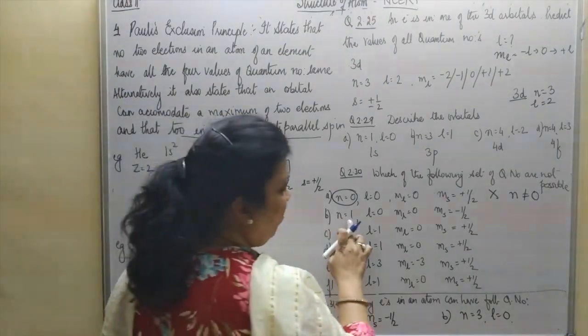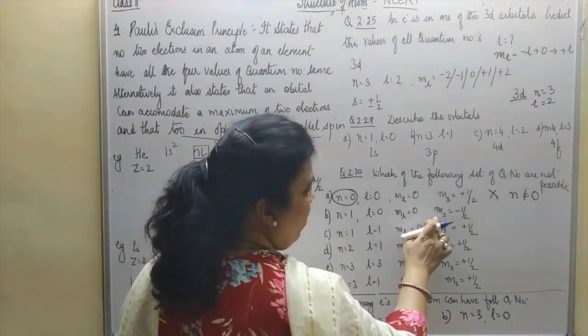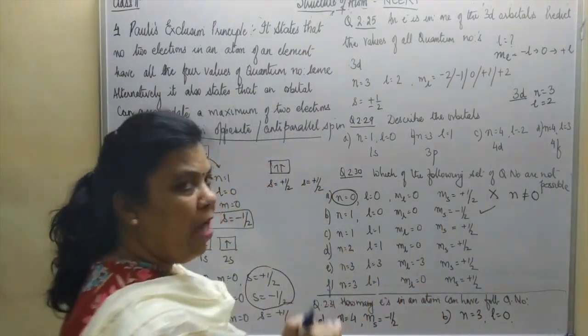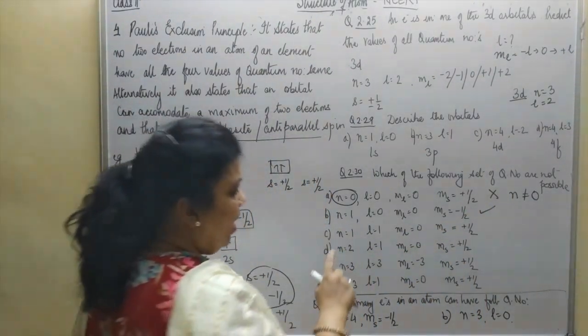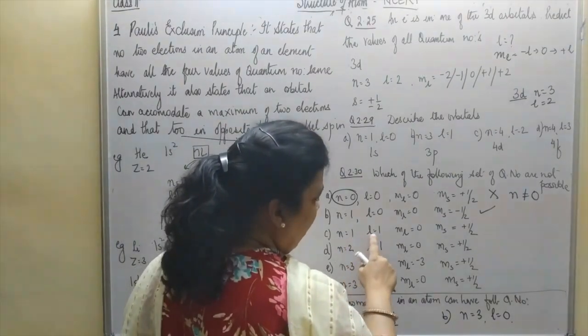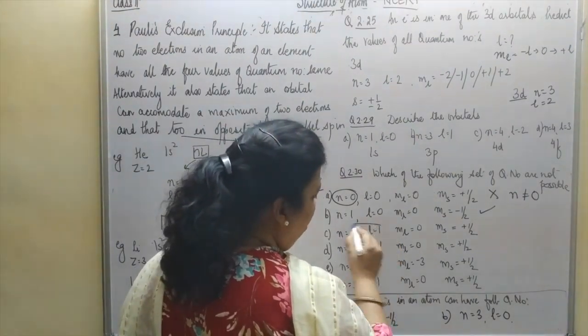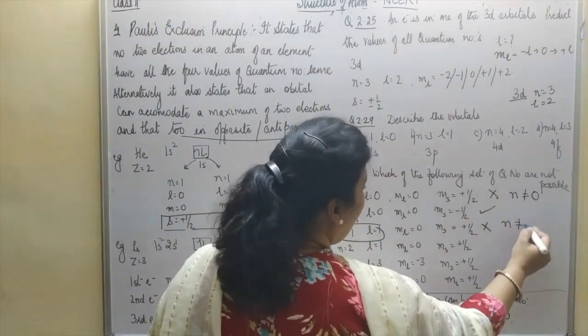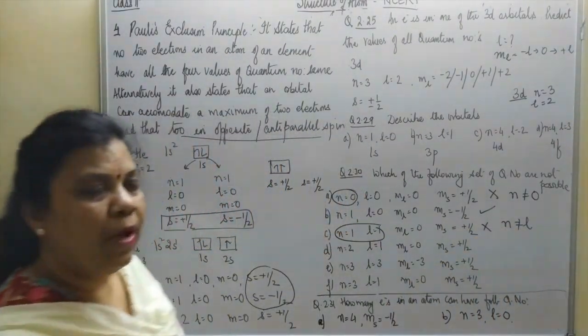The second, n=1, l=0, ml=0, ms=-1/2, is absolutely correct because all the values are in accordance. Next is n=1, l=1, which is not possible, this is wrong.